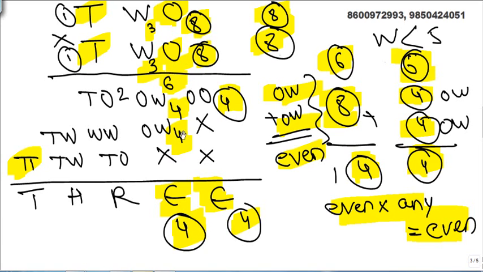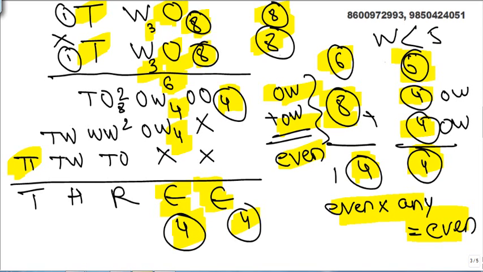8 3s are 24, carry forward again 2. We'll adjust it later on. 4 and 4, 8 and 6, 14. Now, next part: T into O, 8 ones are 8, plus this carry forward 2, that will make it 10. Now, what did we do?